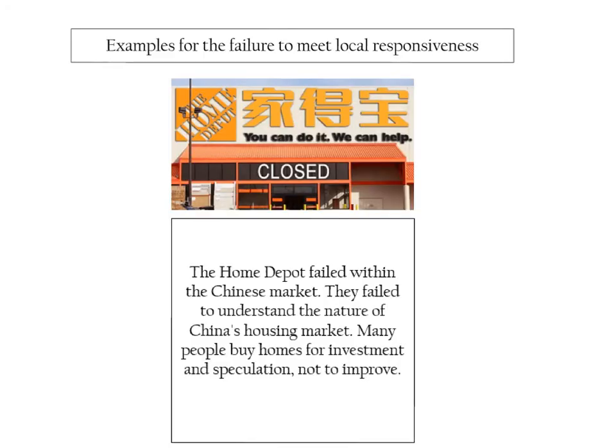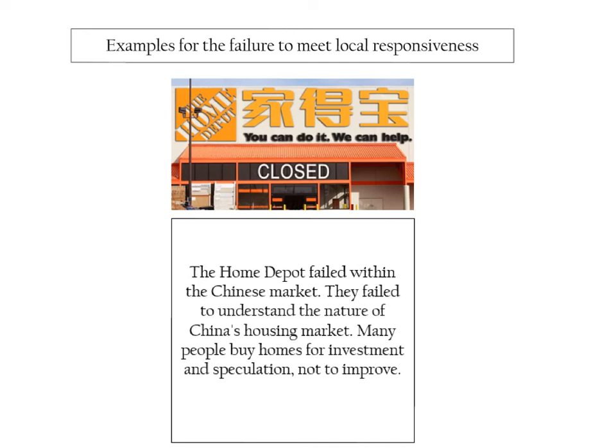Now, I also wanted to provide some examples of companies that maybe haven't looked at local responsiveness, and it's been low, but maybe actually it shouldn't have been low, and they should have really catered for it. So one example is the Home Depot. They failed within the Chinese market. They failed to understand the nature of the Chinese housing market.